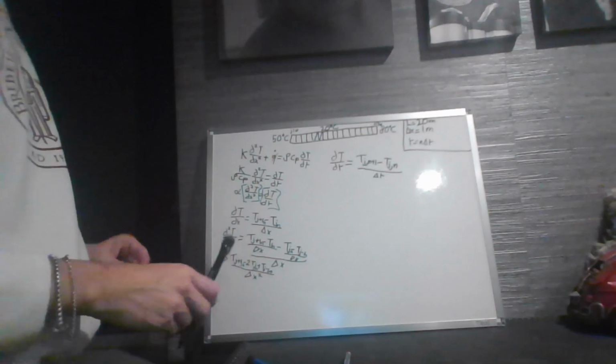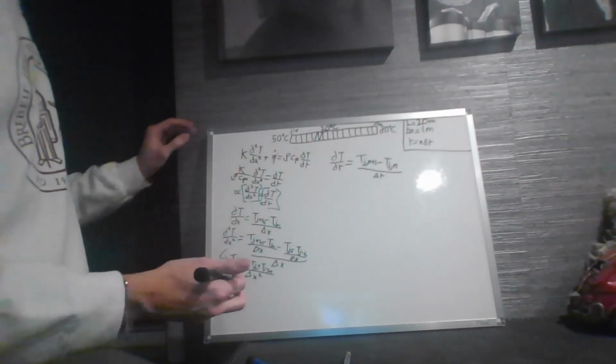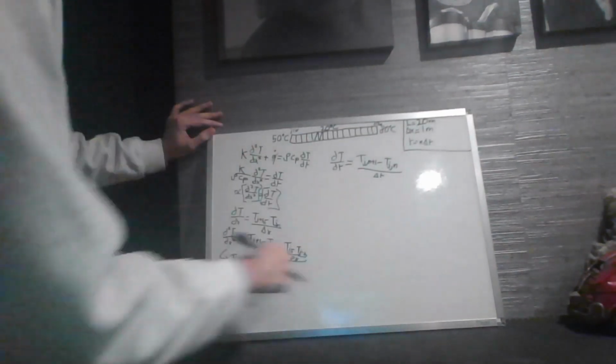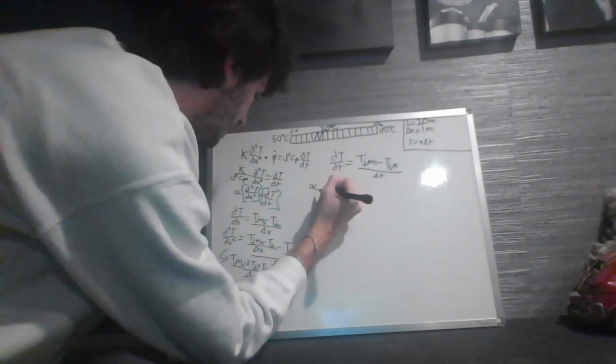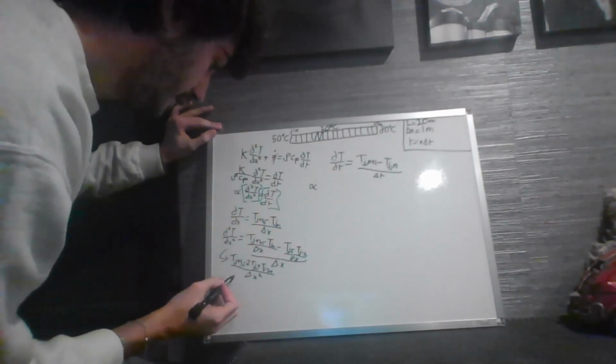That's all we need. Now we can simplify this by equating them to each other, putting them back into this expression, right? So then we get alpha times, and we set the second derivative down here.